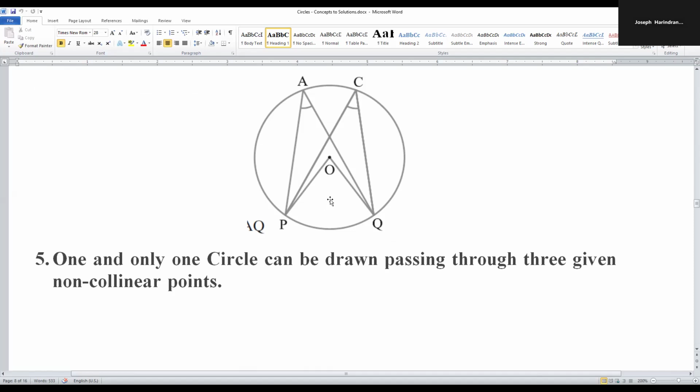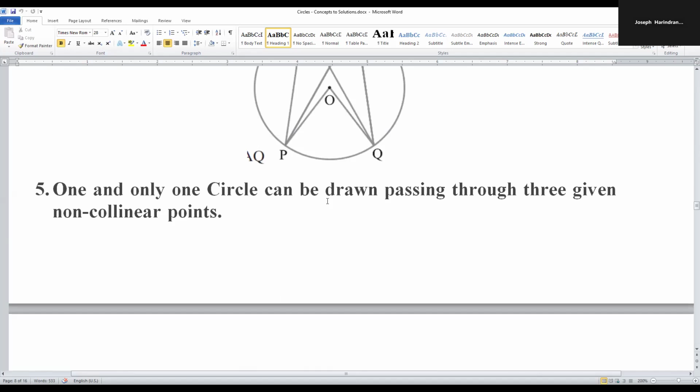One and only one circle can be drawn passing through three given non-collinear points, which only means that, just like only one straight line can be drawn through two fixed points, two points fix a straight line. Similarly, if the three points are not in the same straight line, you can draw only one circle passing through all the three given points.